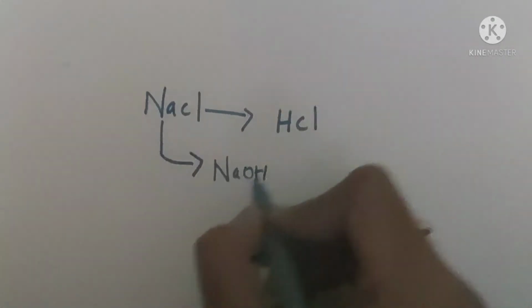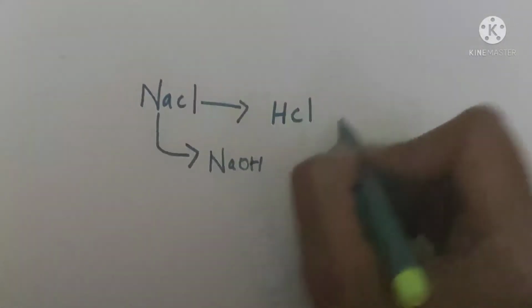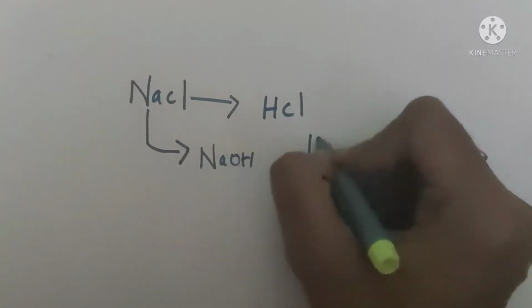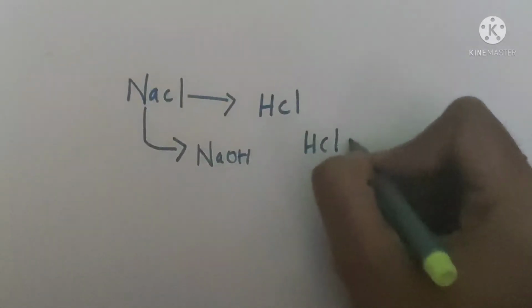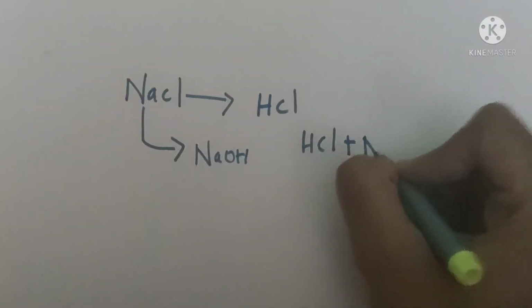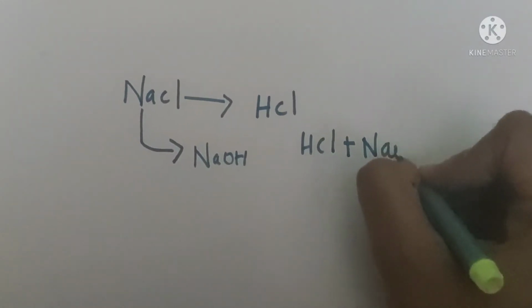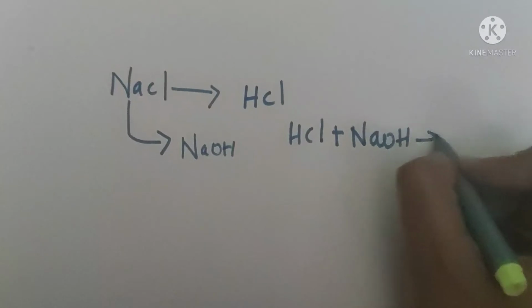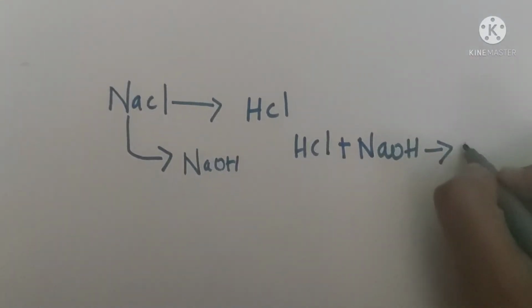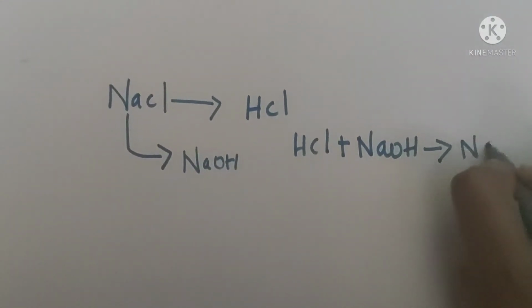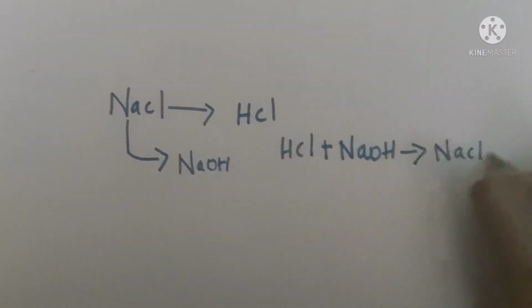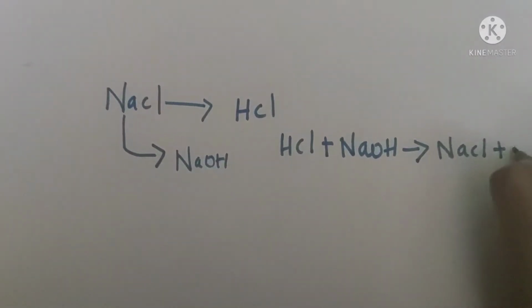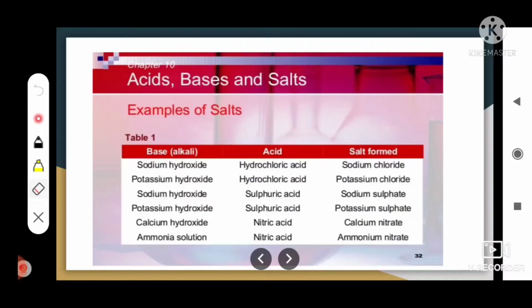When HCl reacts with sodium hydroxide, that is a base, it gives NaCl plus H2O. Some examples for salts are given in the table.